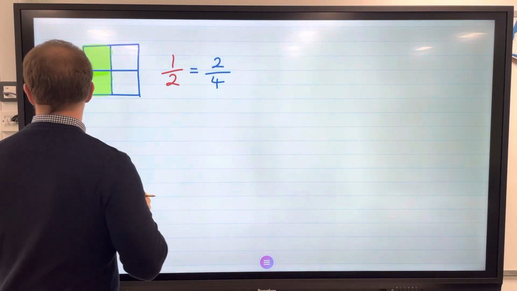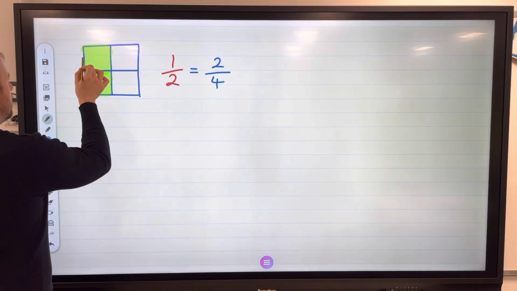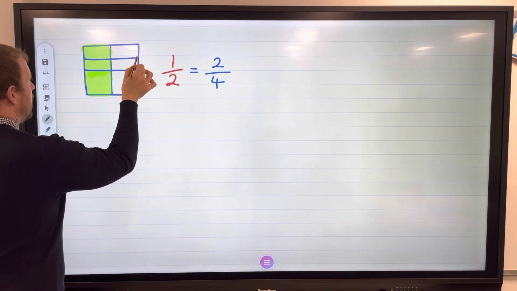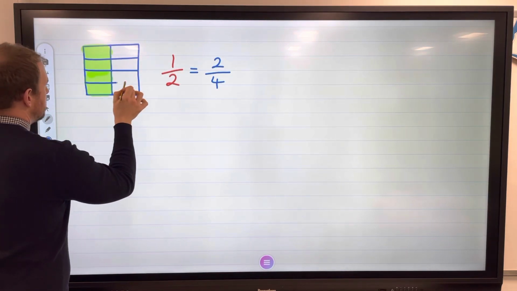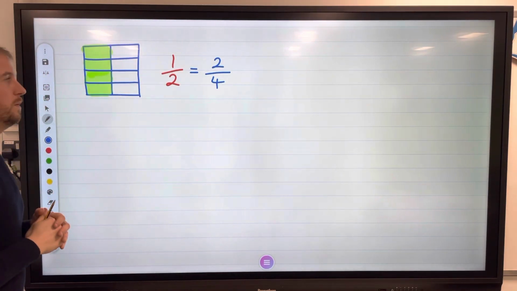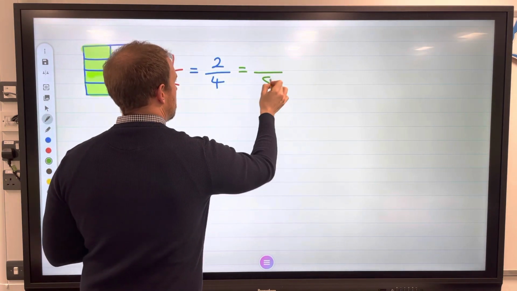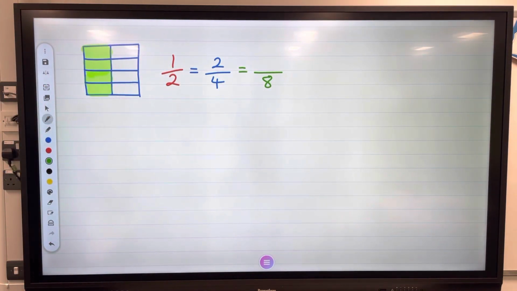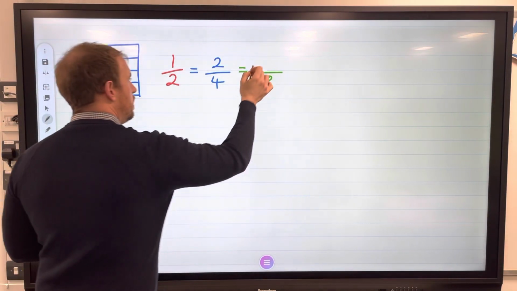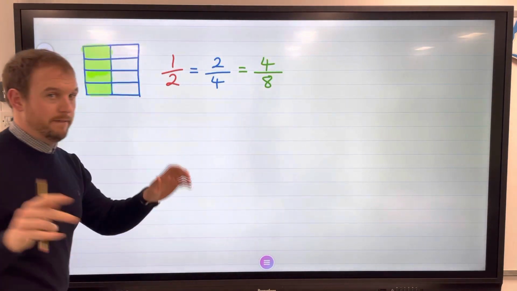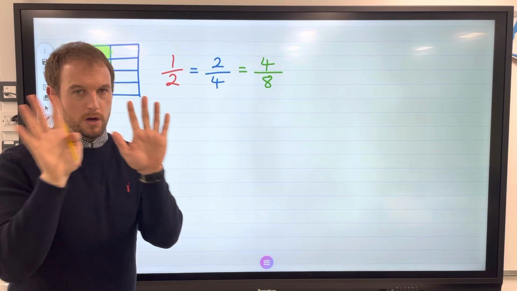How about if I cut the squares into 8 equal pieces? How many now are shaded? We have 4. Have I shaded any more of the square though? No, I haven't.